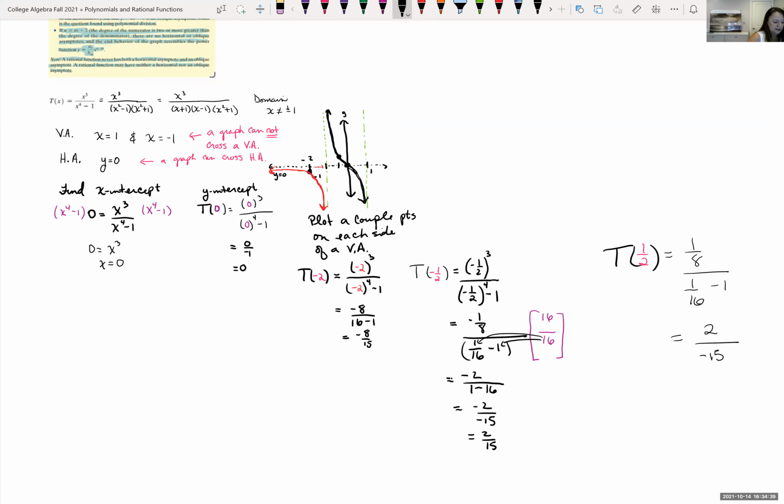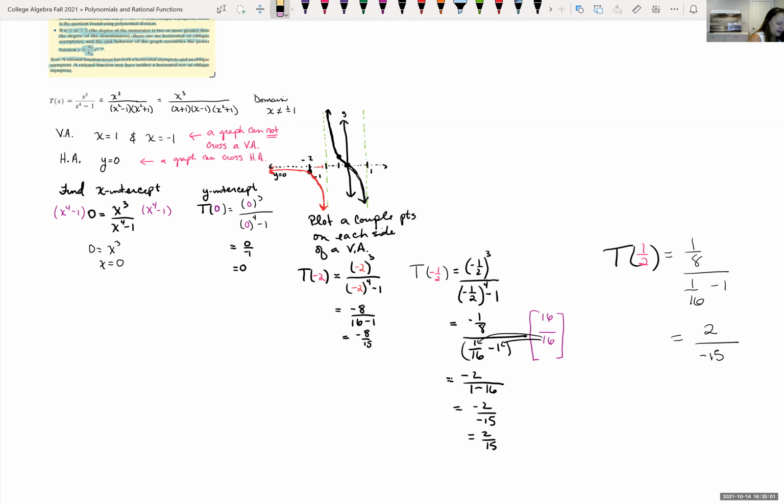One more piece. To me, this kind of looks like it's symmetrical across the origin. So I could have tested to see if this was an odd function, and I would have known. And if that's the case, then I know that my graph is going to be up like this. Or it's actually, I think, faster just to show. Let's choose a number bigger than 1.